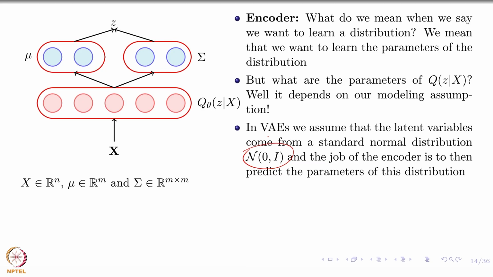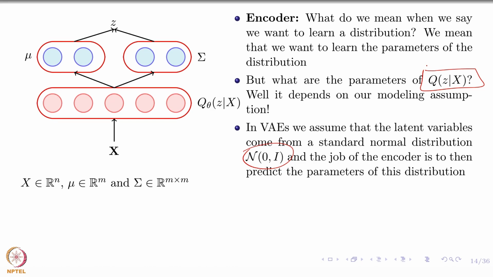So now what's the job of the encoder? It has to take as input an x, and what should it output? The parameters of this normal distribution, which is mu and sigma, okay? I'll just leave it at that and I'll come back to it again. So now the encoder part is clear because I've assumed that the distribution Q is actually going to be a normal distribution which has parameters mu and sigma.